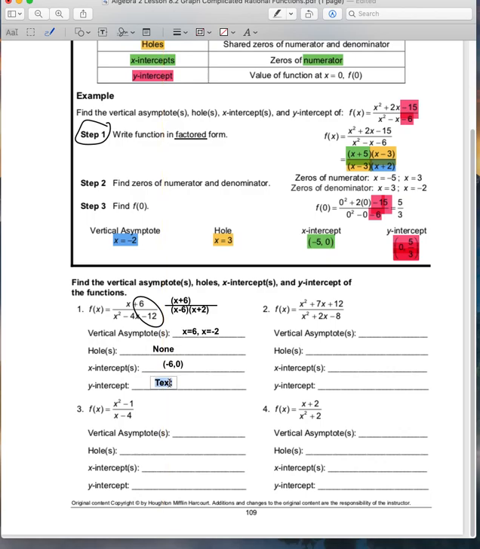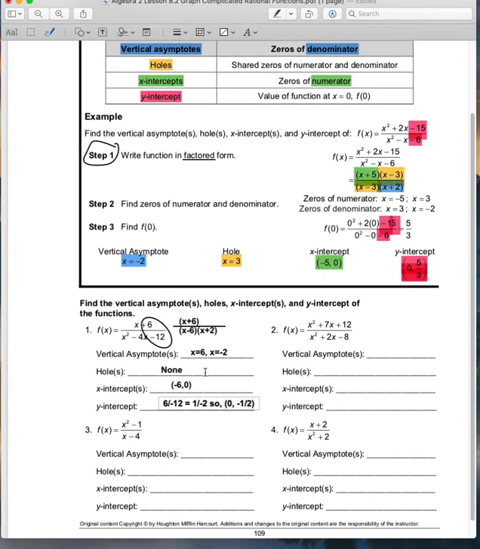If I take 6 over negative 12 and reduce it, it's 1 over negative 2. So the ordered pair is 0, negative 1/2. That is your y-intercept.